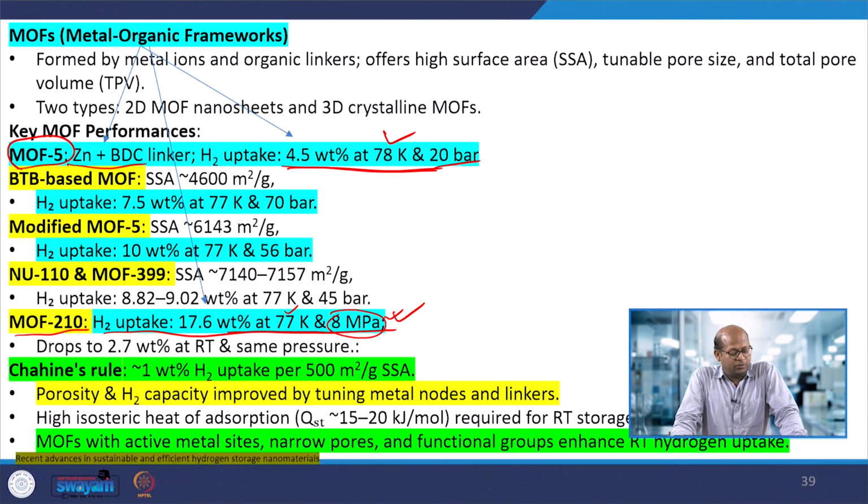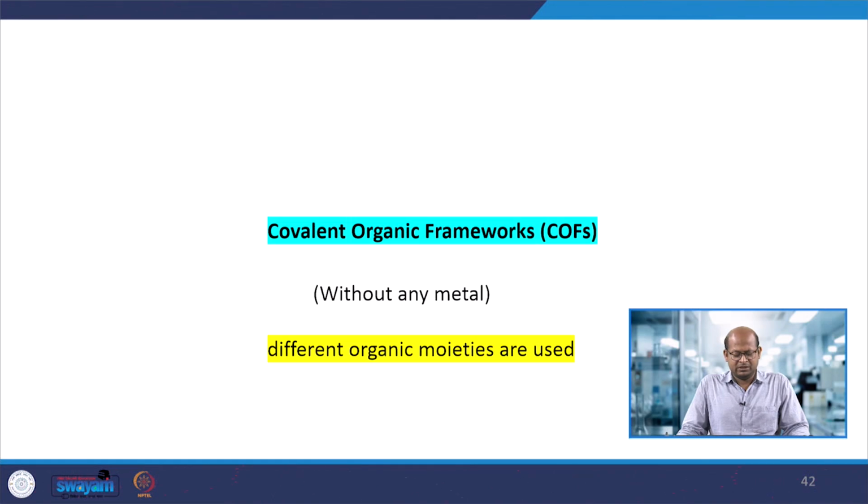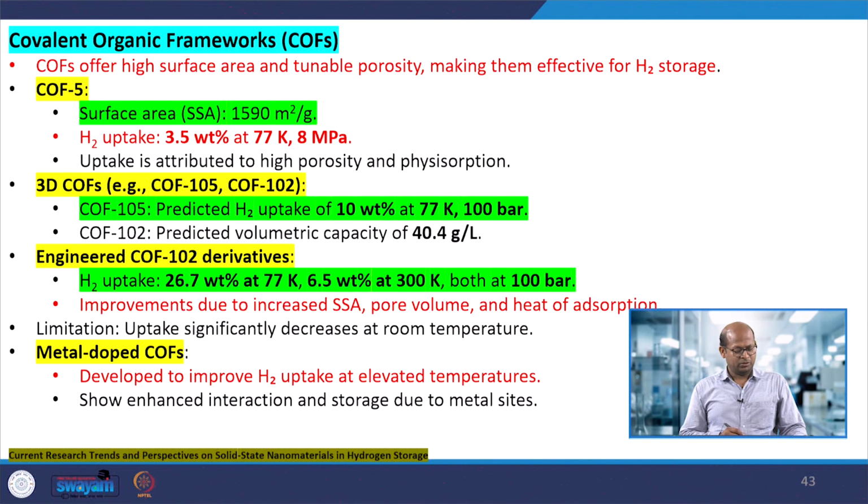So if we go for high pressures or low temperature, then an extremely good quantity of hydrogen can be stored in this type of material also. Different types of structures and how they can store has been discussed, so I am not going to discuss more details.